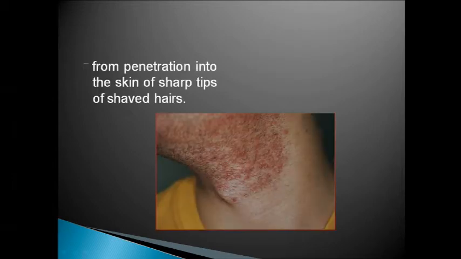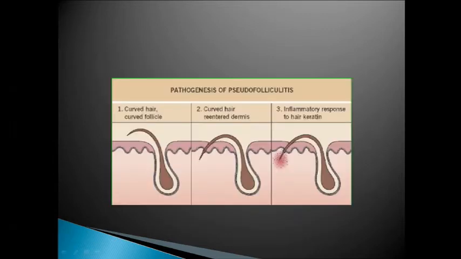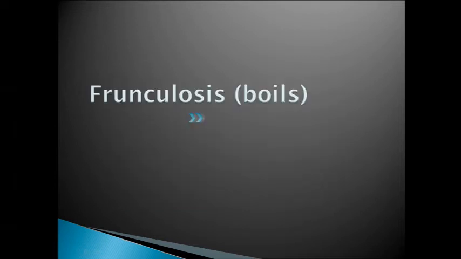It is happening due to penetration of the sharp tip of shaved hairs into the deeper part of the skin. The hair is cut a little bit, then it curves and re-enters the epidermis, and when it re-enters the epidermis, the keratin causes an inflammatory response, giving rise to pseudofolliculitis.